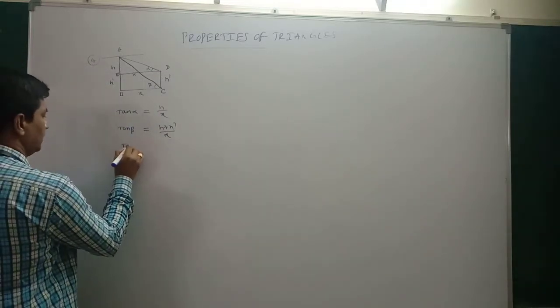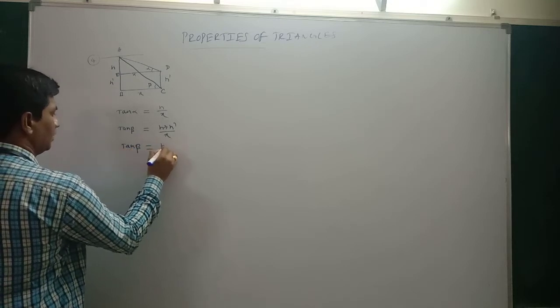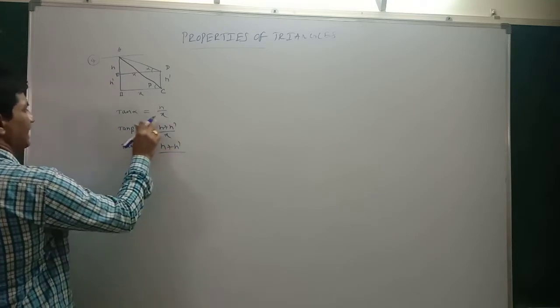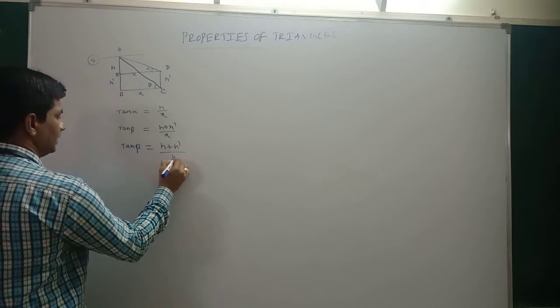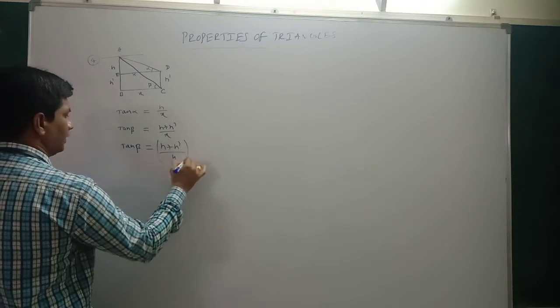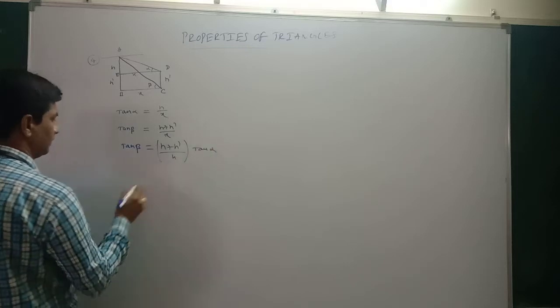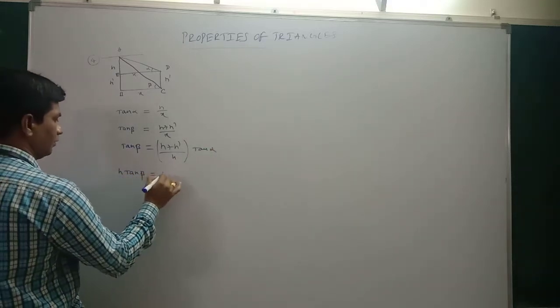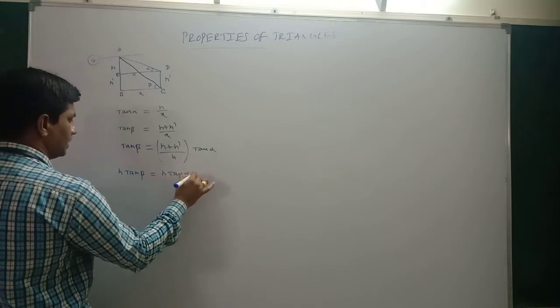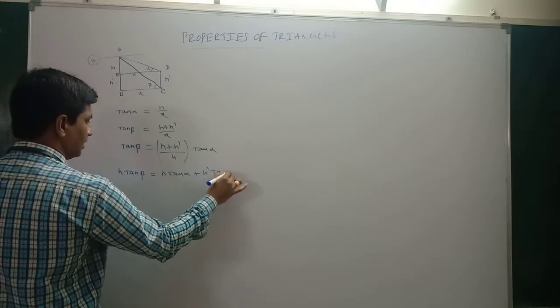So tan beta equal to h plus h dash by x. x means what? h by tan alpha. So this is h by tan alpha in the denominator. Then h into tan beta equal to h tan alpha plus h dash tan alpha.